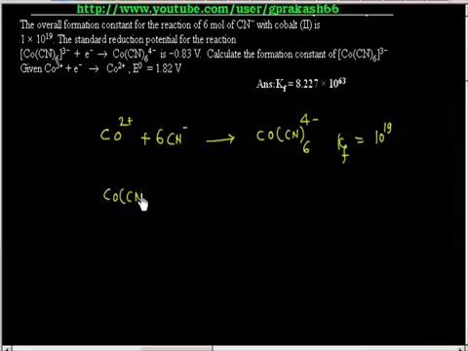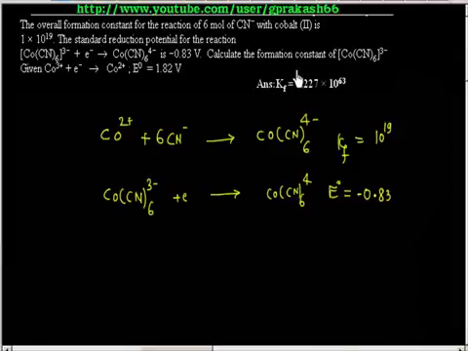So this is Co(CN)6 3 minus plus an electron, and this goes to Co(CN)6 4 minus, and E degree for this cell is given, that is minus 0.83.